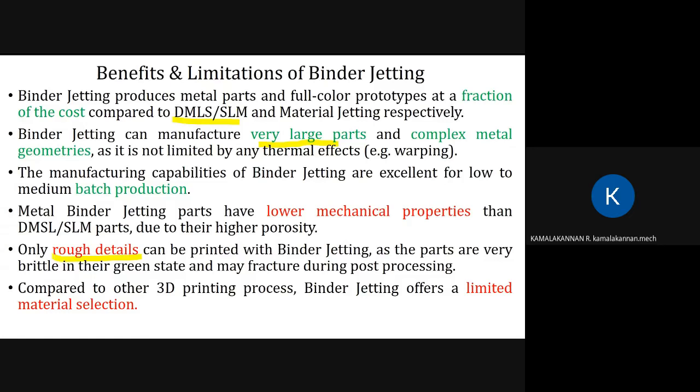So there is much research going on in this area. I think in 5 to 7 years you will be able to use many different metals. So these are the positives and negatives of a binder jet.